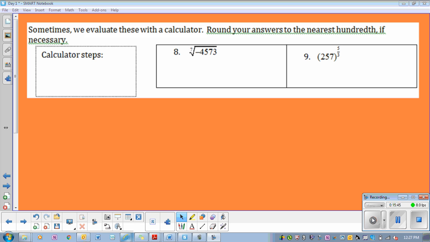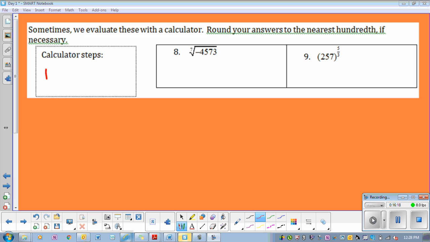All right, so sometimes they're going to tell you to just evaluate, and you can evaluate those expressions using a calculator, okay? Only use a calculator and only give us decimals if the instructions say to. Calculator steps: if you're putting in a different number root than a square root or a cube root, you need to put your root number first.